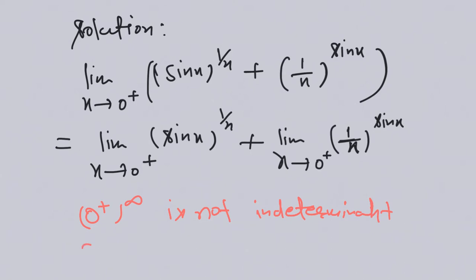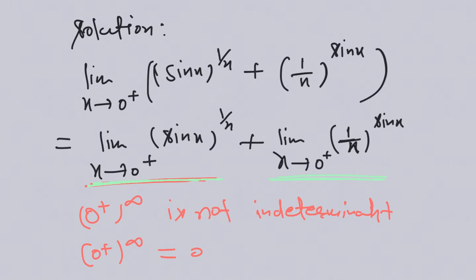Simply, 0 plus to the power infinity will always give the value 0. So the first is the 0 to the power infinity form at x approaching 0, and the second is the infinity to the power 0 form. Remember, infinity to the power 0 is always an indeterminate form.